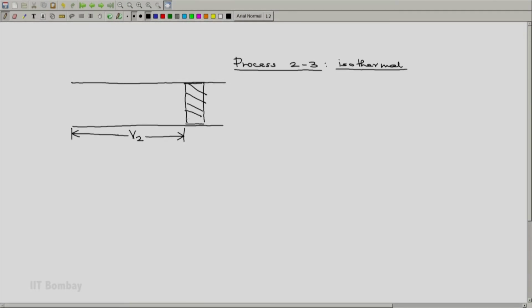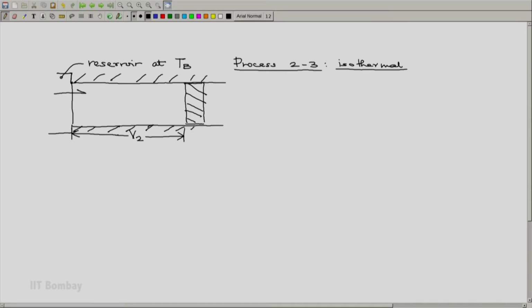Piston is insulated, the cylinder is also insulated, but a part of the cylinder, the so-called head of the cylinder, is not insulated. It is in excellent thermal contact with a reservoir at the lower temperature TB.